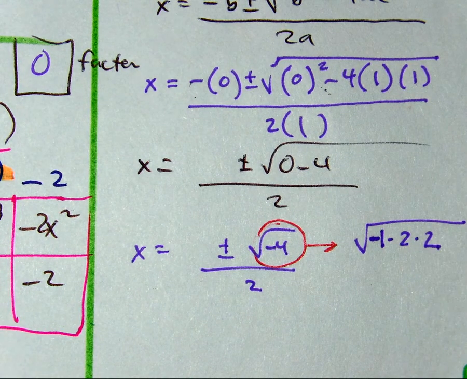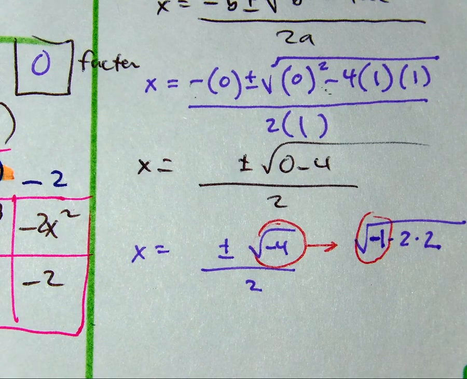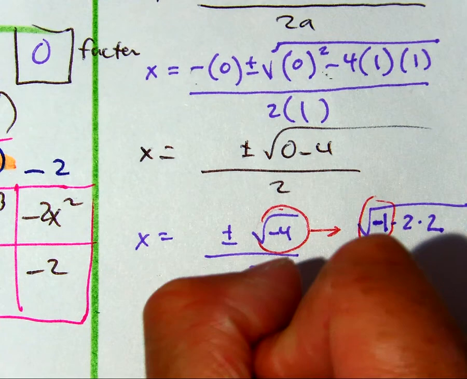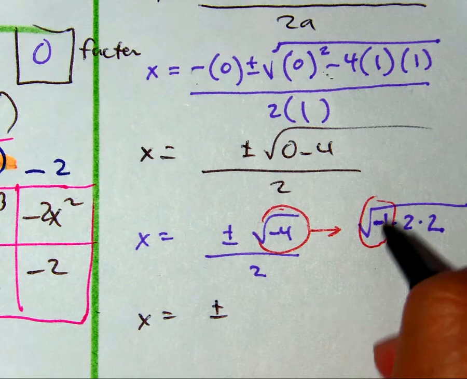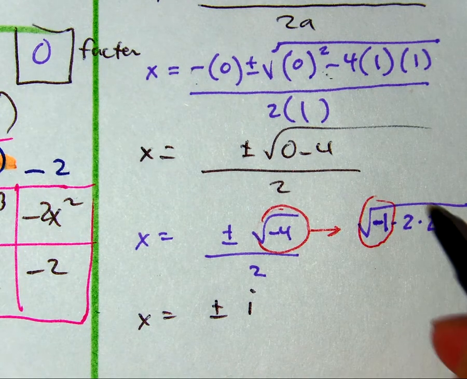Evelyn, what is the square root of negative 1? Evelyn, what do pirates say when they're happy? I. X equals plus or minus I. And the square root of 4, or you have a pair of those, that's 2.